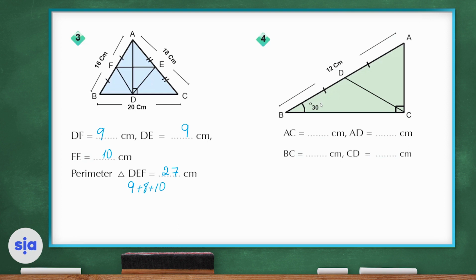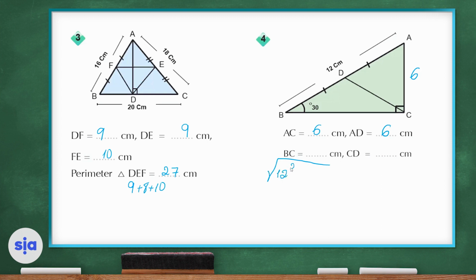AC is half AB, which is half the 12, that is equal to 6, where AD is also equal to 6. In order to find BC, we know that AC is 6 and AB is 12, so we find BC by Pythagoras.